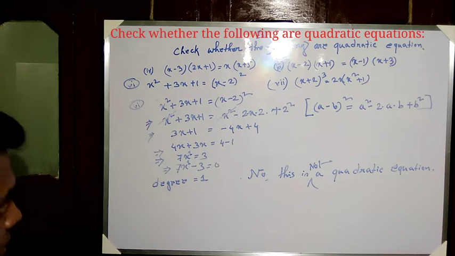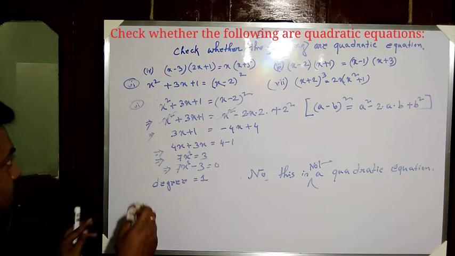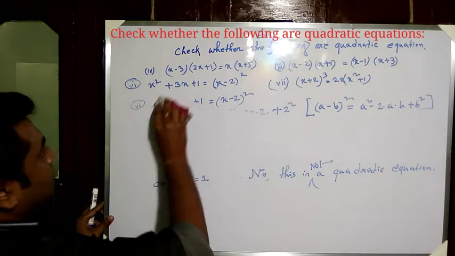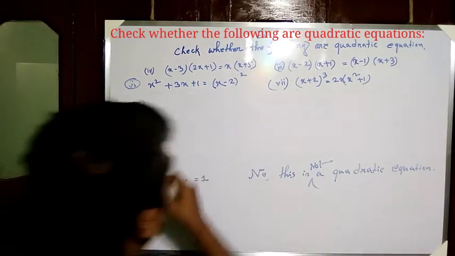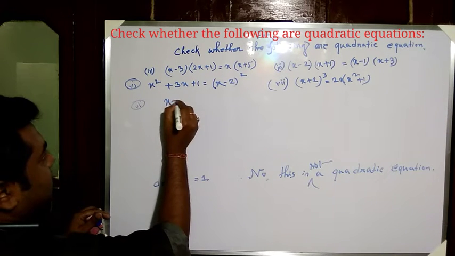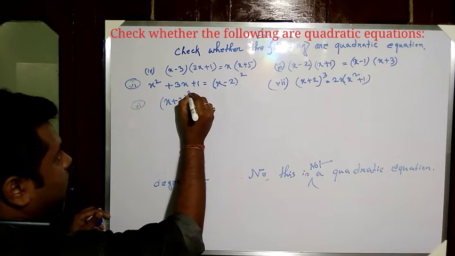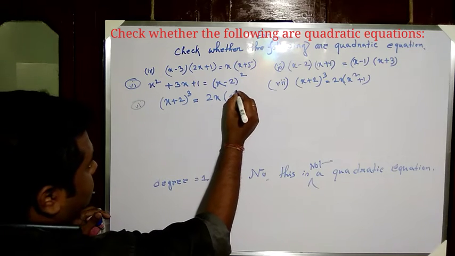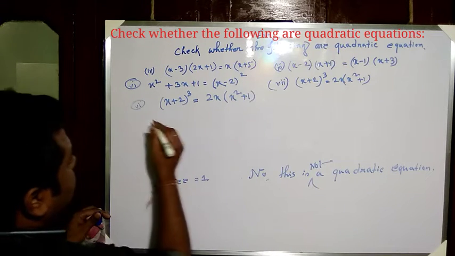Now I will show you the last one, number 7. See, your question is x plus 2 whole cube equals to 2x within bracket x square plus 1.